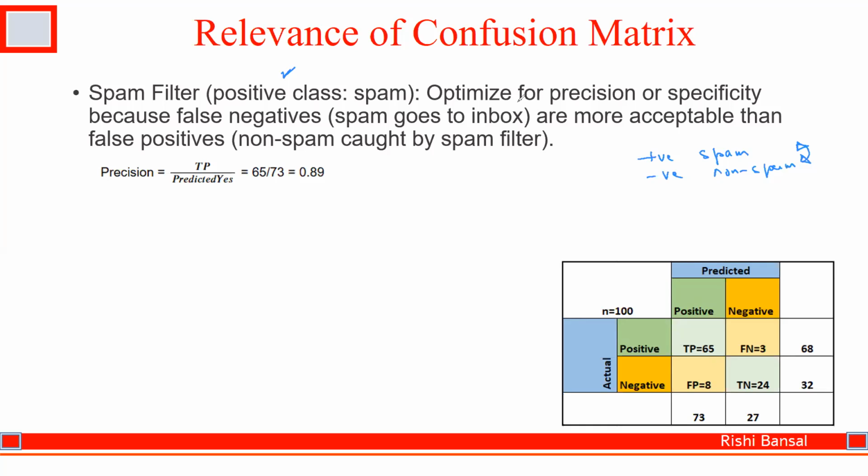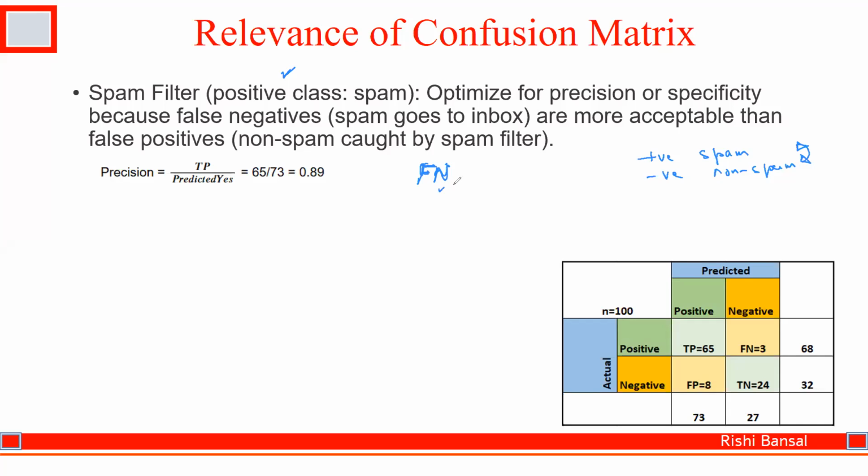Correct. Okay. Now it means that you categorized something as negative, meaning not spam, but that turned out to be false. So it means false negative, correct? You said negative, meaning you said it is not spam.